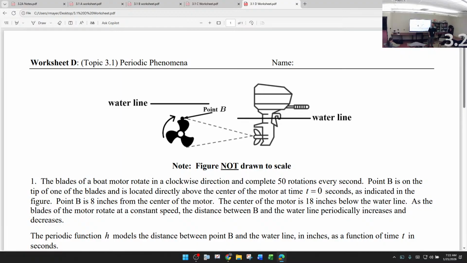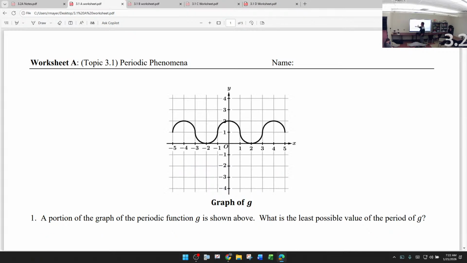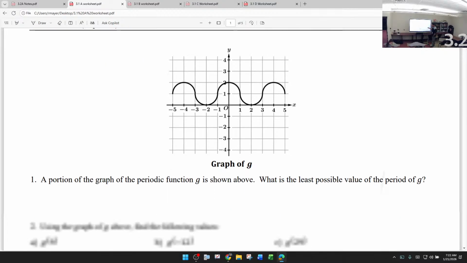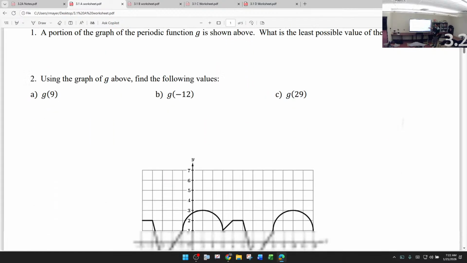Anything you need cleared up over 3.1? That was D. Periodic functions.